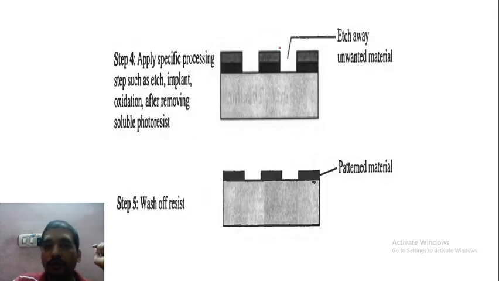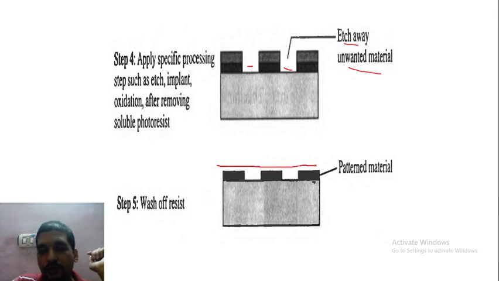So we etch away the unwanted material with the help of this photoresist, and then we apply another type of solution which etches away this photoresist from the surface. That material has the property that it reacts with the photoresist only and does not react with silicon or this material, and hence it removes the photoresist from the top of the surface. And so we pattern the material which we want to deposit over the surface wherever we need it.